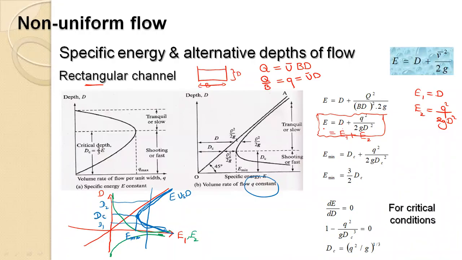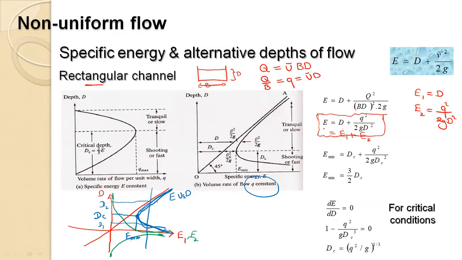The water depth which corresponds to the minimum specific energy is called the critical water depth. Any other point would have two water depths for a given specific energy. Only for the critical conditions you will get one water depth.